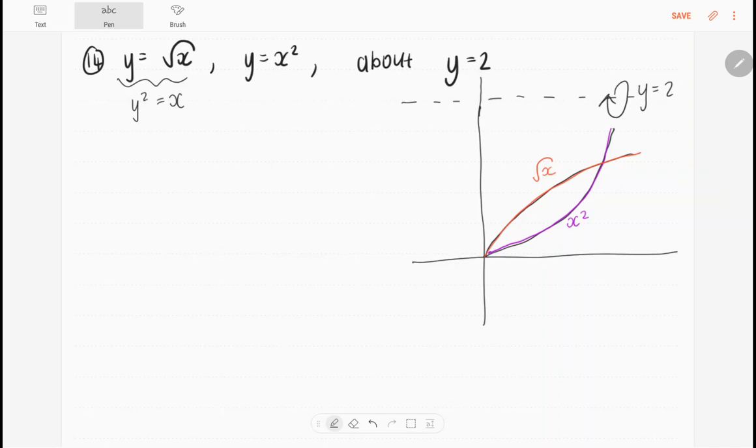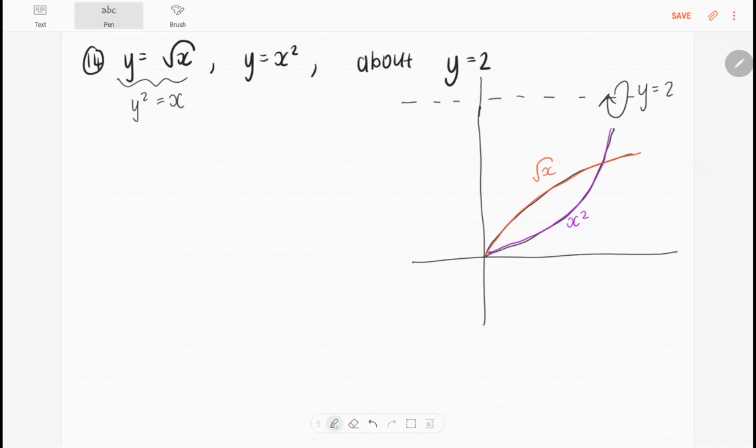Whenever it's possible to use a method such that you can use your functions the way they are given, in other words, I can use it as root x or x squared, that's the simplest way. Otherwise, you can always write your functions in terms of y, and then you can also use your shells method. But I'm just going to use my washer method here.